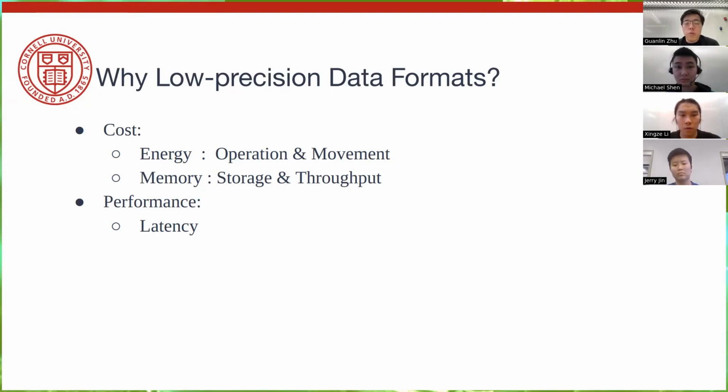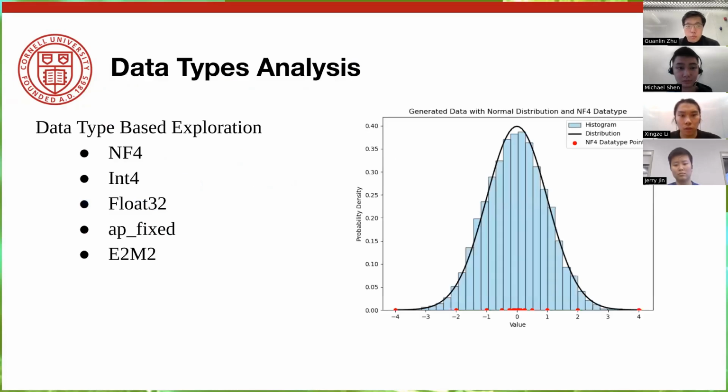Like the memory space used for one 32-bit data can also be used for eight INT4 data. So in this way, it could get us a higher memory throughput. What's more, a low-precision data type requires fewer cycles for the multiplication, which means it could improve the performance of the model latency-wise.